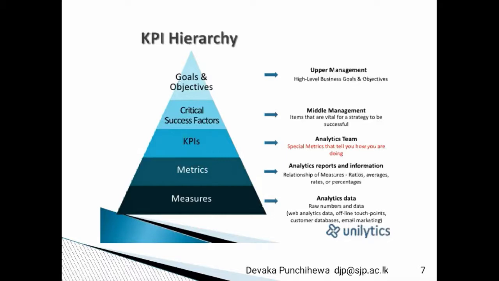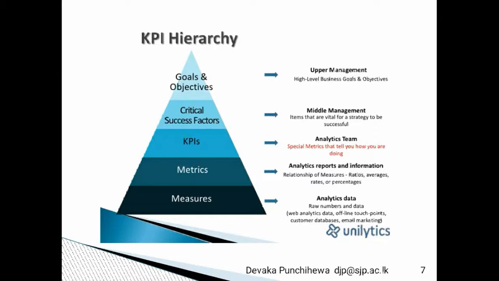Then lastly we have analytics data, raw numbers and data. For example, web analytics data. How many customers visited your site? How many of them did you convert into fruitful sales? The number of customers who really buy, and how they made the payment, whether by credit card, web card, or any other means.